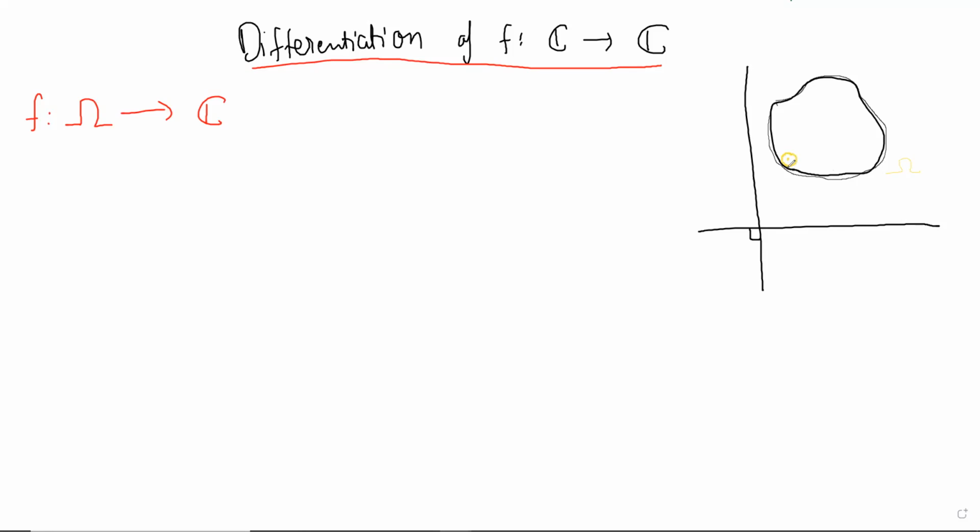That's the definition of an open set. That's the property we want omega to have, and it's very clear that it's a good property to have. But there is another property which we want omega to have. So omega is open. Open means any point you take inside it, you can draw a small ball which is still inside. There are other ways to say it, but this is one way to say it.